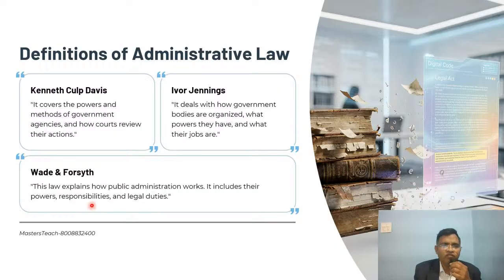And Wade Forsyth says that this law, that means administrative law, explains how public administration works. It includes their powers, responsibilities, and legal duties. So it is mainly focused on public servants: what powers they have, what responsibilities they have, and what legal duties they have. So these are the three definitions. If you want to, you can take a screenshot of this.